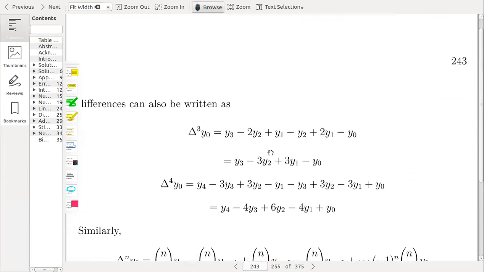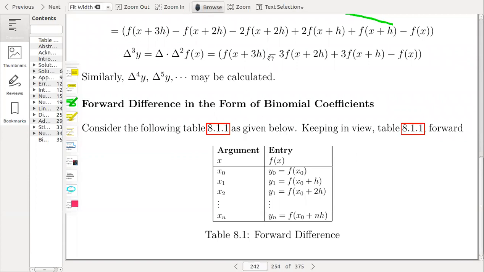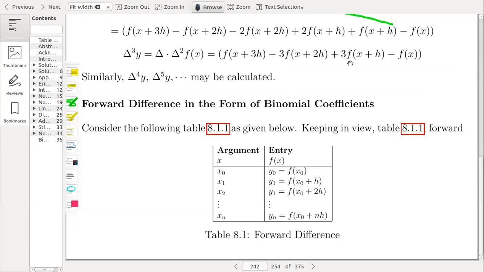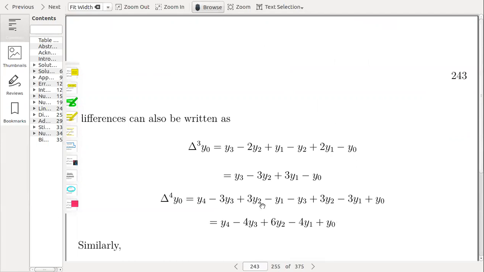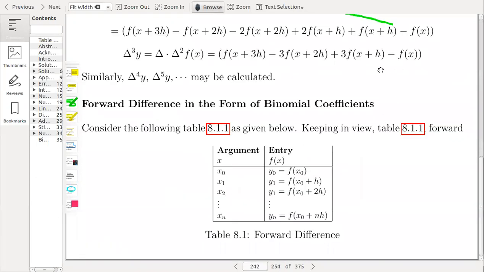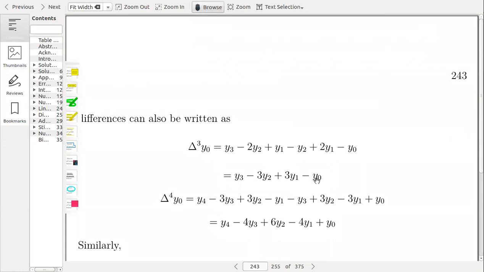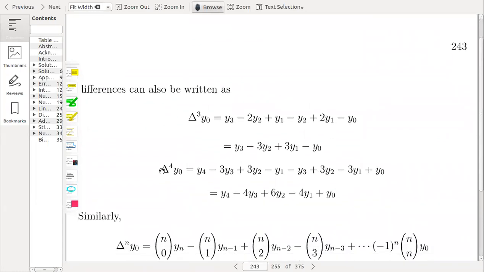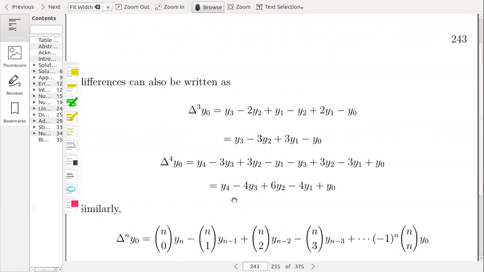And then there is a minus 3 f of x plus 2h, which represents minus 3y2. And then plus 3 f of x plus h, that is 3y1, and then f of x, that is y naught. So similarly, we can write delta 4 y naught as y4 minus 4y3 plus 6y2 minus 4y1 plus y naught.